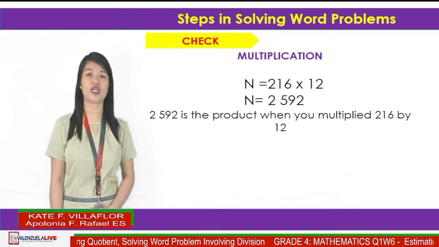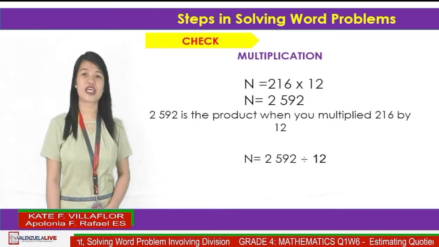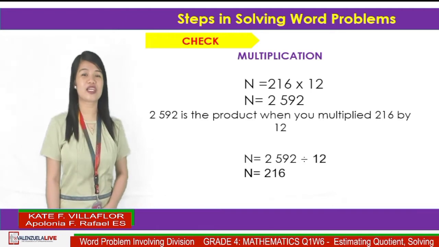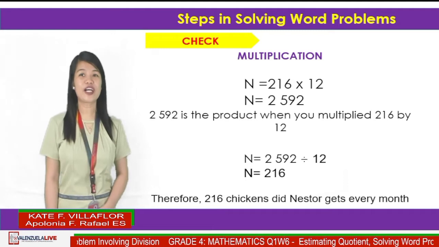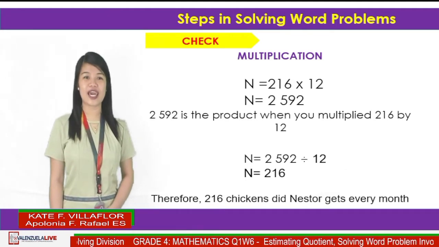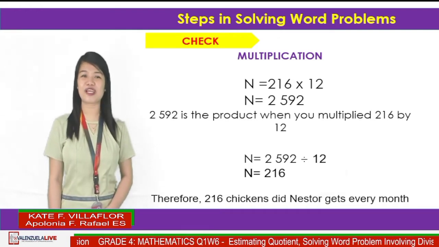And n is equal to 2,592 divided by 12. N is equal to 216. Therefore, 216 chickens did Nestor get every month. Okay, great job, grade 4 pupils.